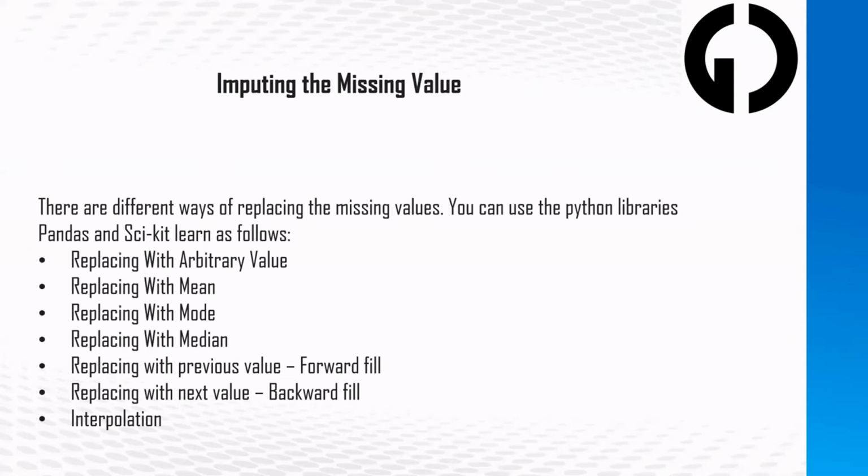Another method of handling the missing value is imputing. There are different ways of replacing the missing value. You can use Python libraries, pandas and scikit-learn, as follows. The first one is replacing with an arbitrary value. You can make an educated guess.